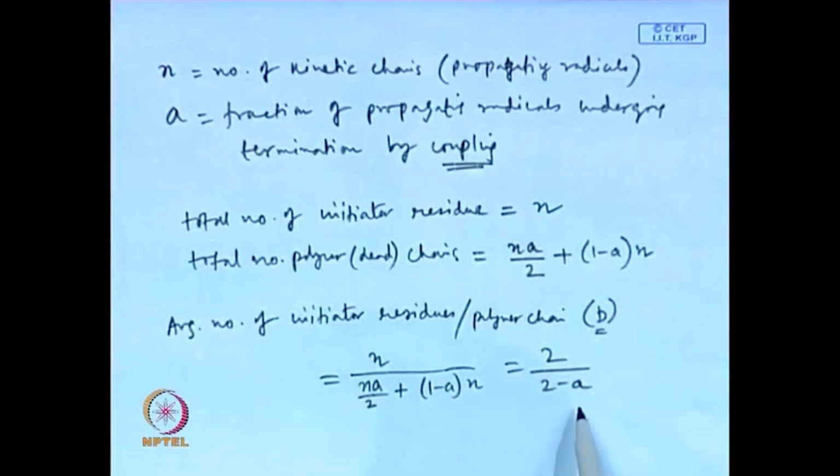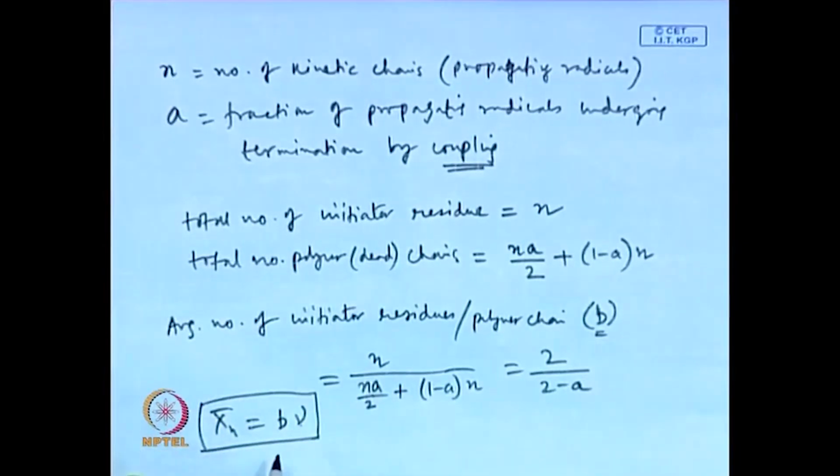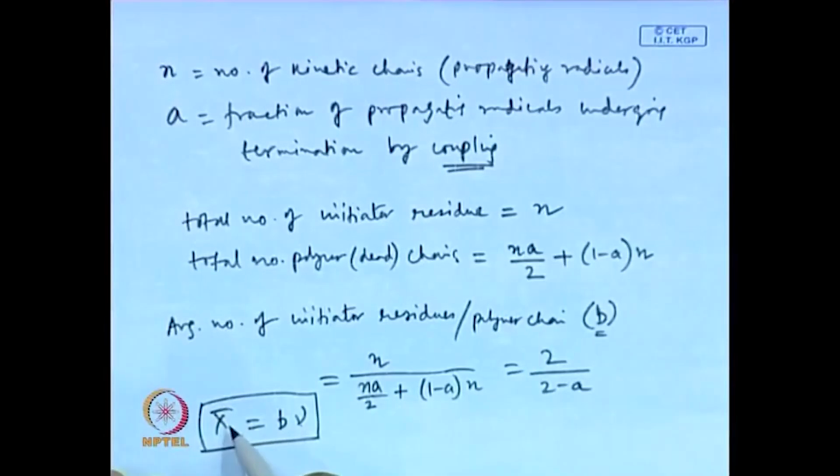Okay. So, if I know xn, and xn is given by B times nu, and from experiment I know the molecular weight of our sample and the total grams, then we know the number of chains as well.